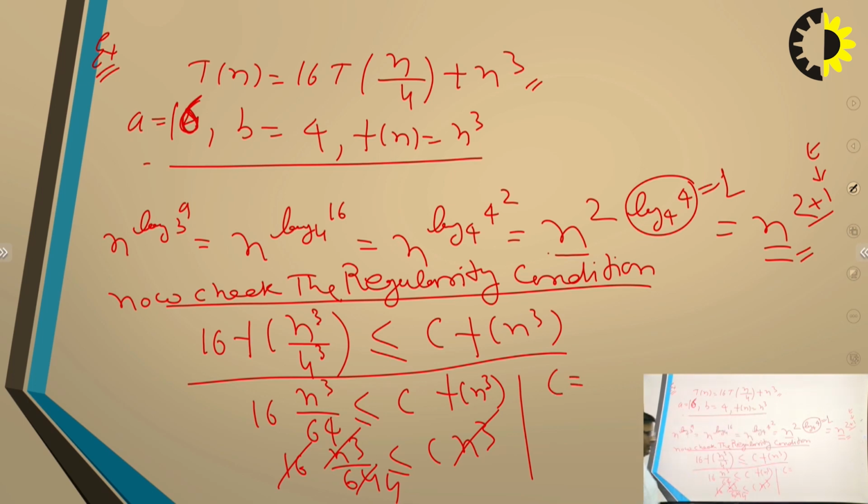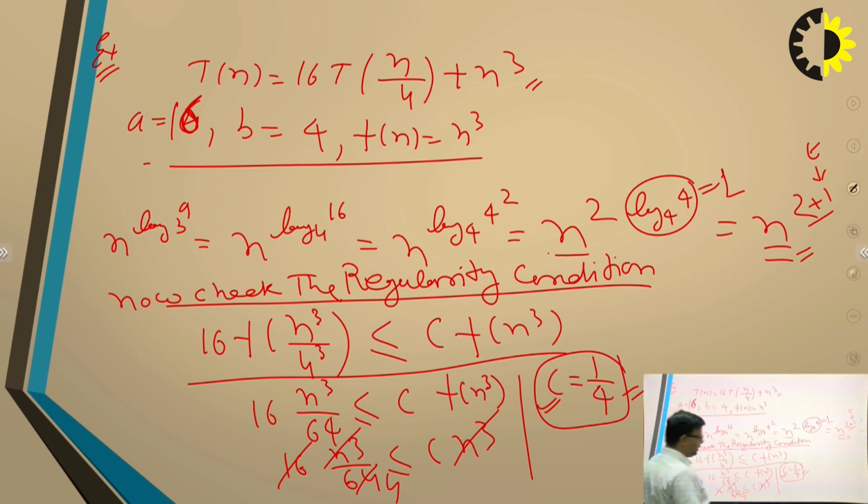The value of c is equal to 1 by 4. Always check the condition: the regularity condition is that the value of c is less than 1. So c equals 1 by 4, and here we will apply case 3.